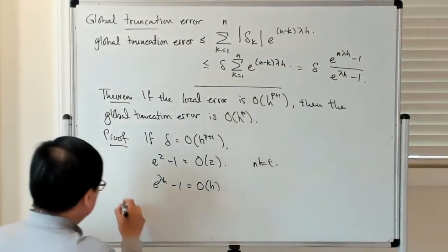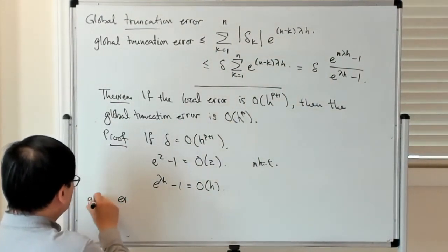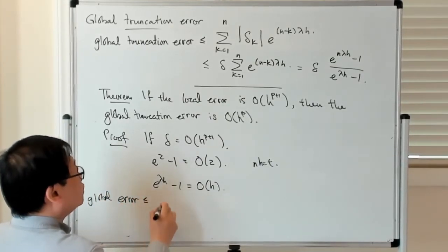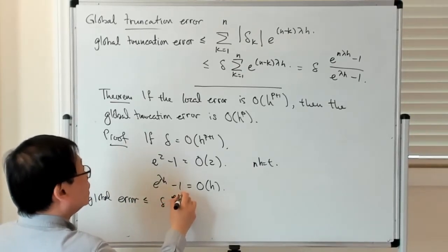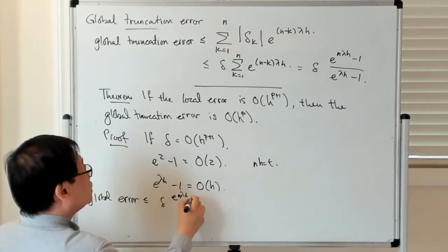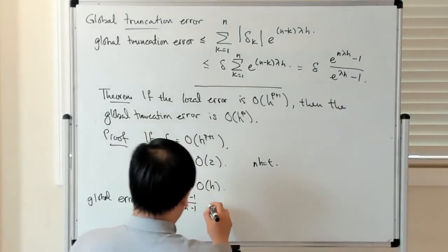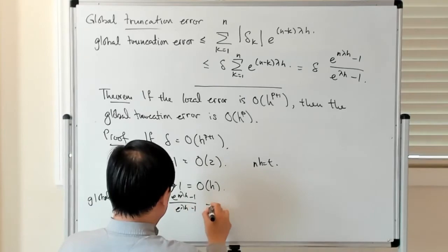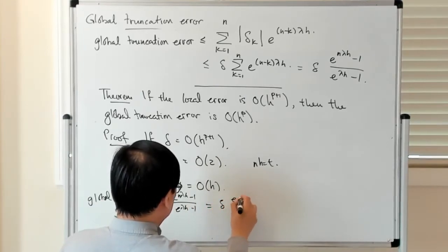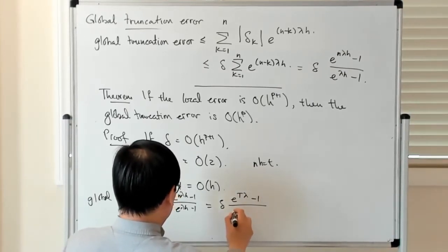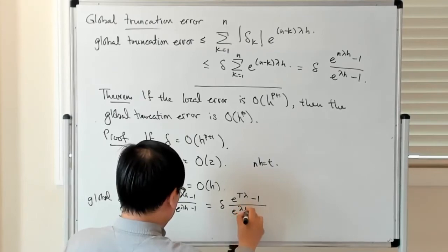So the point is that the global error is less than or equal to delta times (e to the n lambda h minus 1) over (e to the lambda h minus 1), right? And this is equal to delta times (e to the final time t times lambda minus 1), so this is big O of 1, divided by e to the lambda h minus 1.